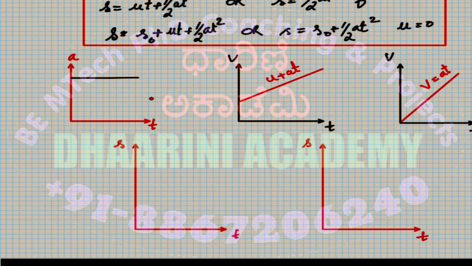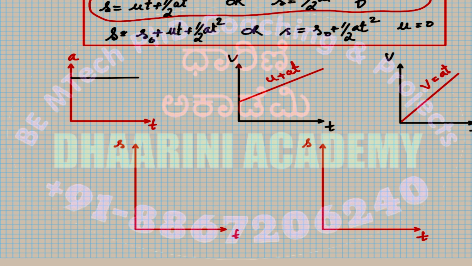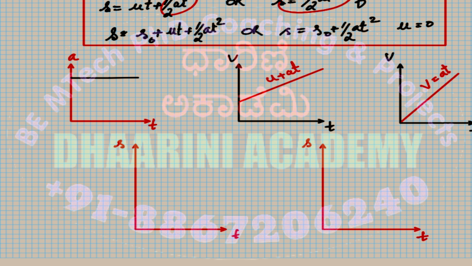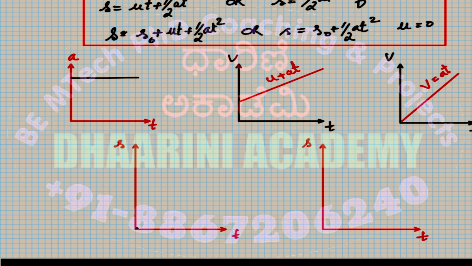Now, I'm trying to write this. S is equal to ut plus half at square, or S equal to simply half at square. Put t equal to 0, S also becomes equal to 0 in both the cases. And it is not a linear equation, it is a parabola because of the term half at square. So it begins from 0 and it goes in a different fashion, right? So the curve will look like this.